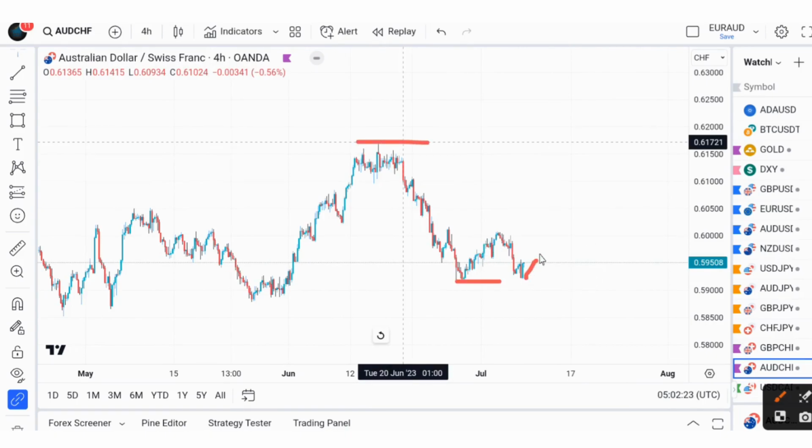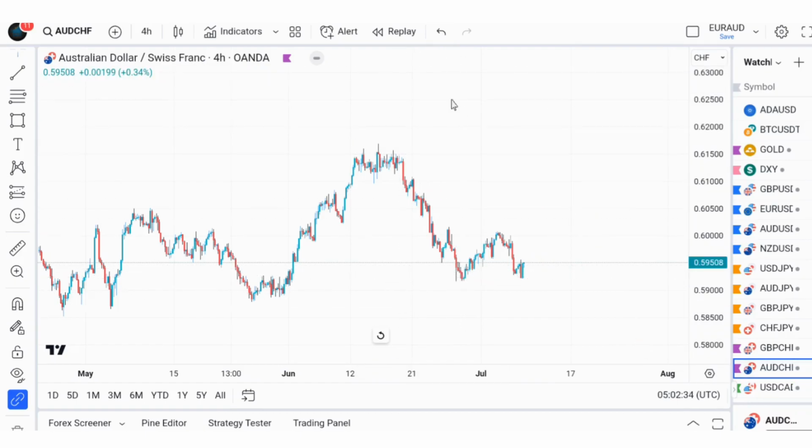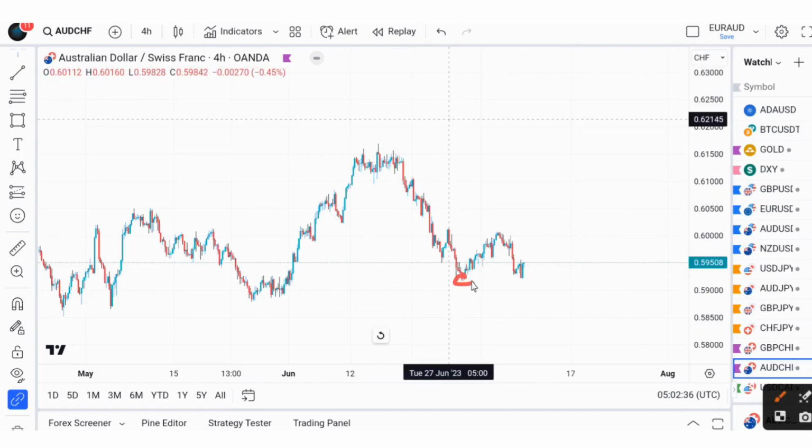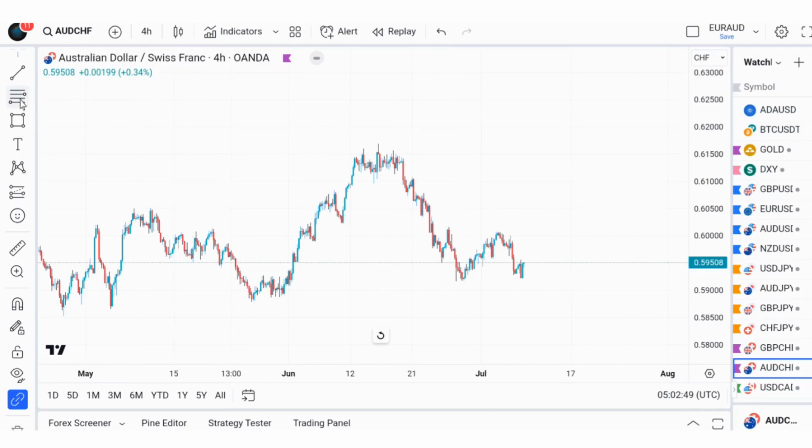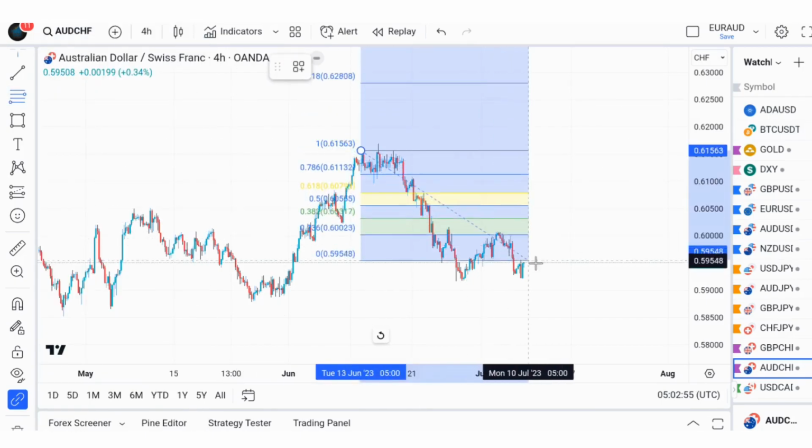So we might actually see a move to this area, and then we might see a decline at this particular level. But first, what I'm looking to do here is to buy AUD Swiss franc from this level after creating a double bottom right there, and then I take my profit at one of these levels, and I use a fib retracement to take my profit at that level.